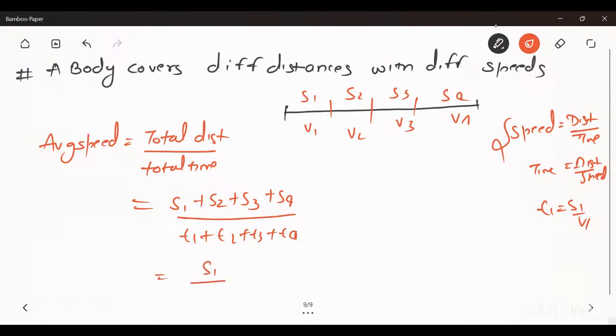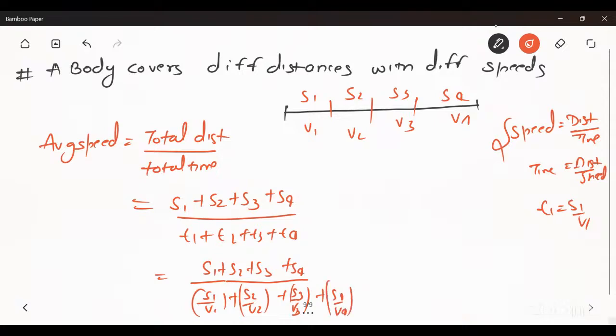So I can write (S1 plus S2 plus S3 plus S4) upon (S1 by V1 plus S2 by V2 plus S3 by V3 plus S4 by V4). That is your average speed.